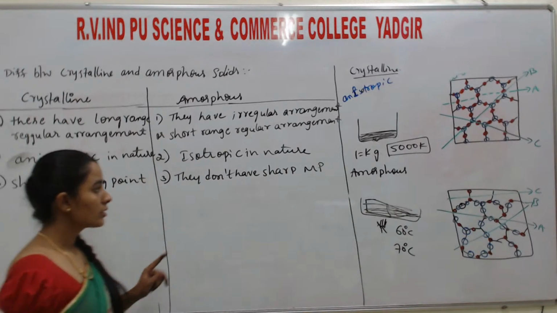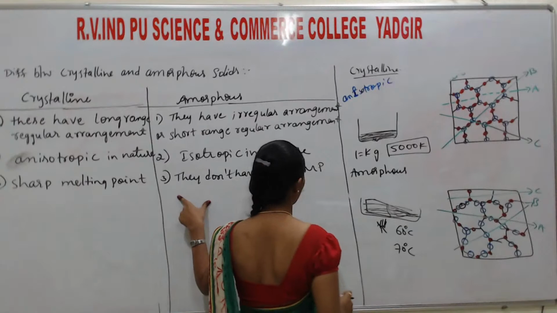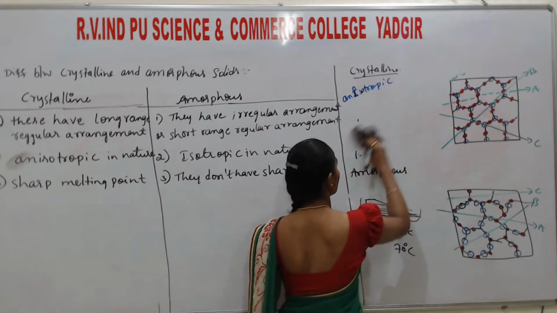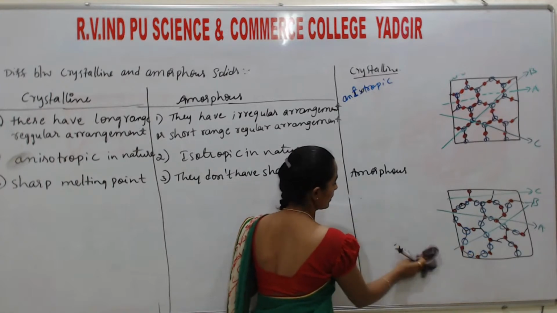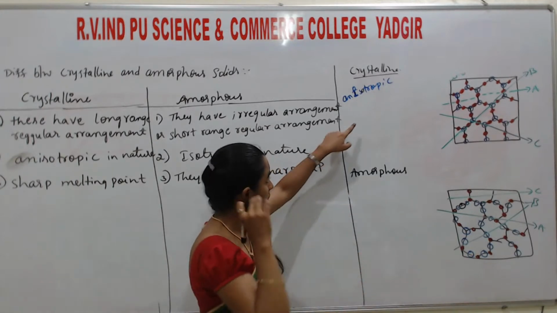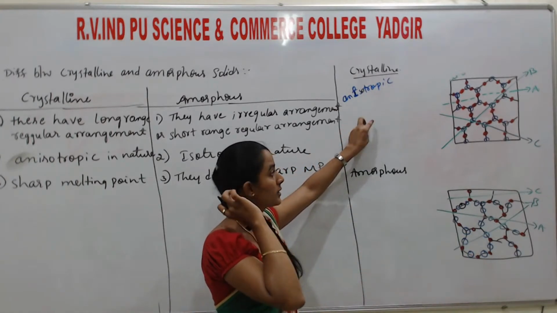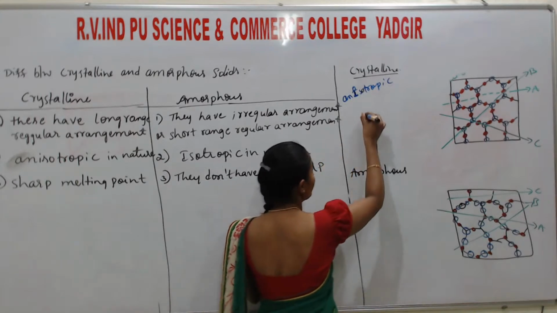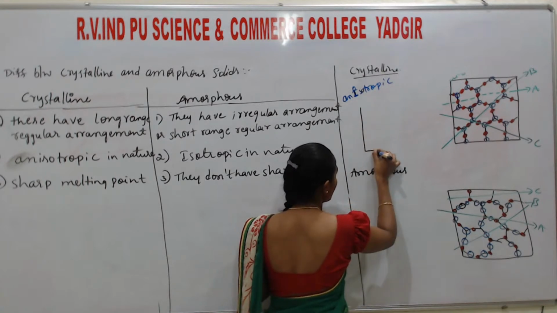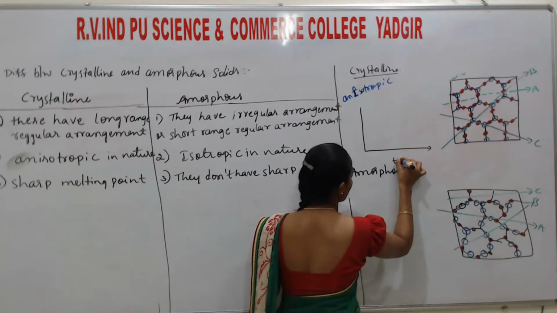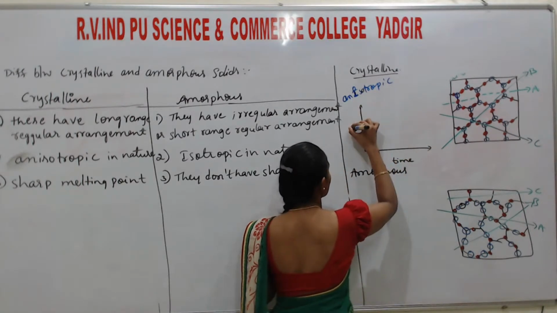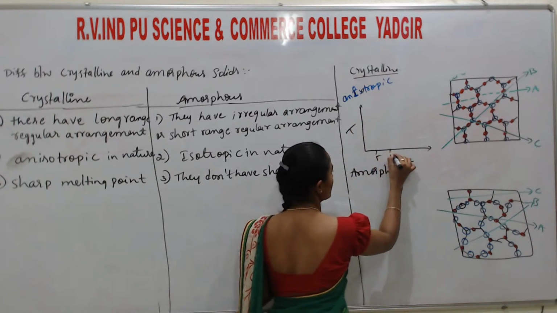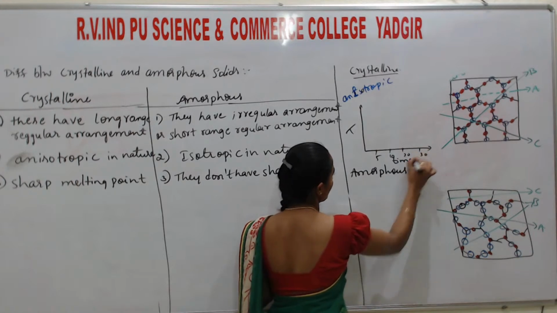Okay, students, next, this is our good one, melting point. If we observe the cooling curve, I told you crystalline solids melt at a particular temperature. If we observe the cooling curve with respect to time, this is time, this is temperature, 5 minutes, 10, 20, 30.